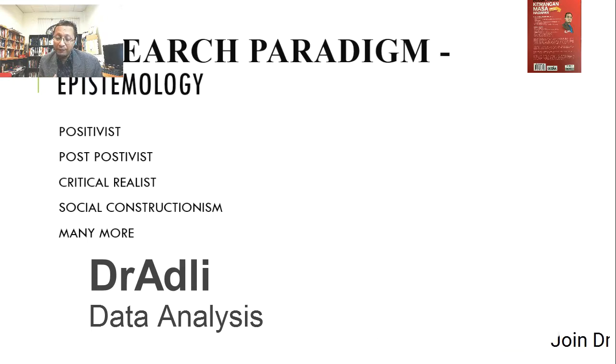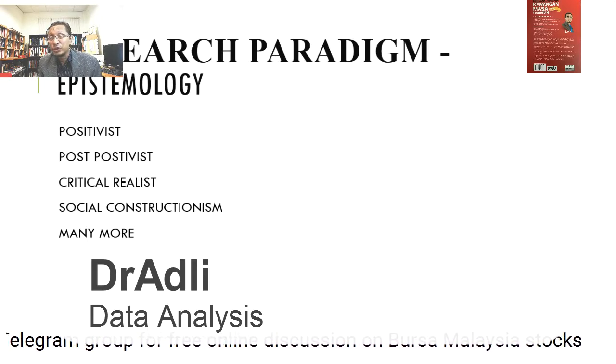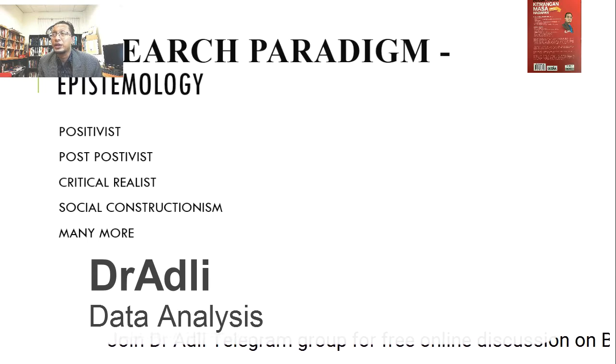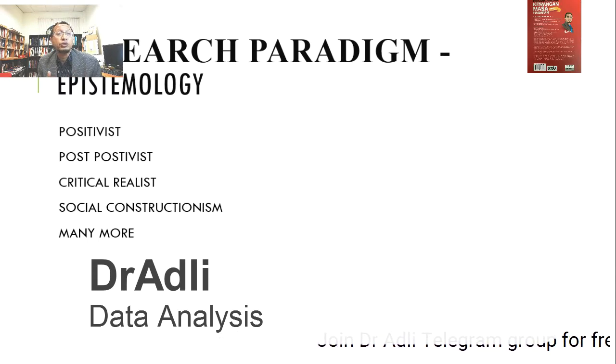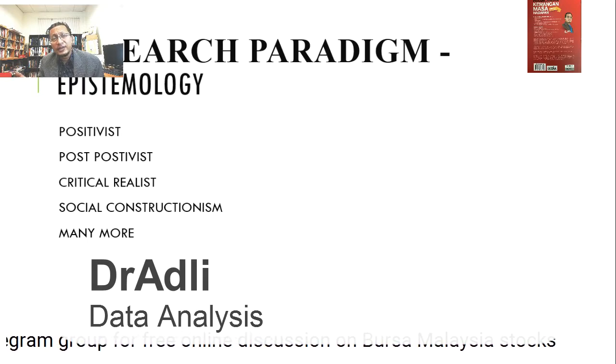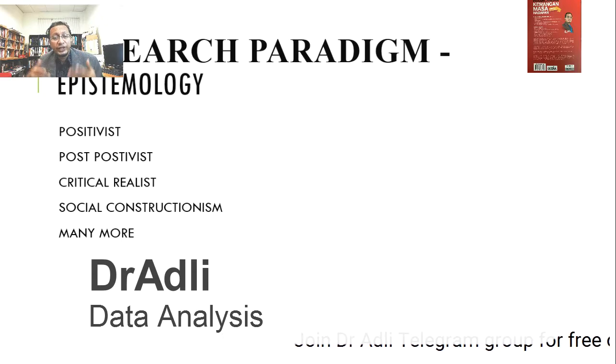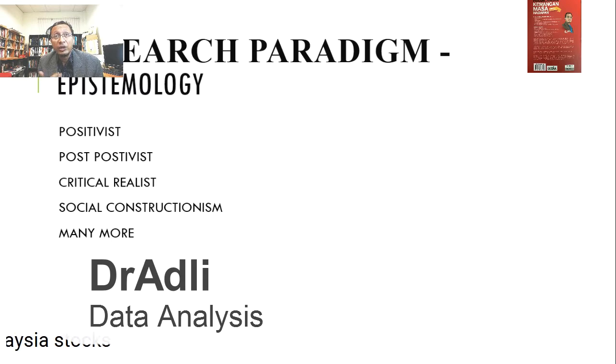If you come from objectivism, you will be more toward positivist and post-positivist. So the answer is 1 plus 1 is equal to 2, right? But when we look at social constructionism, which is more subjective, on the far right-hand side, they will want to see it more deeply in terms of how they want to acquire the knowledge.